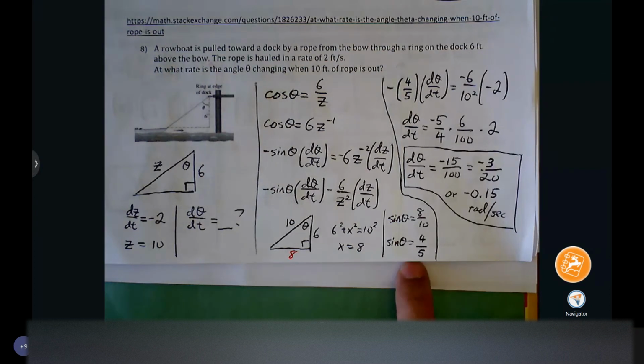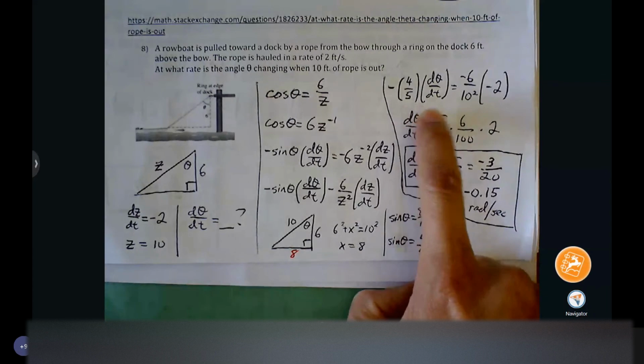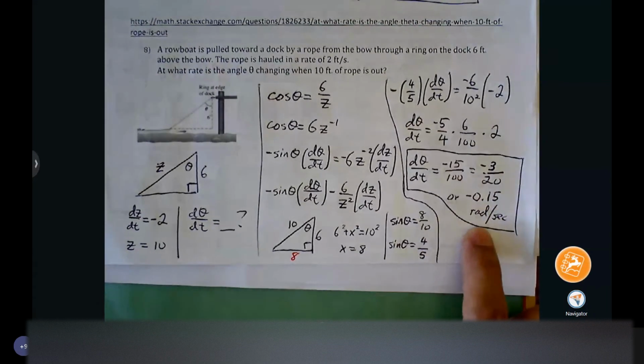Sine theta equals 8/10 or 4/5. Put that into our equation. Keep track of your negatives. Units of measure: radians per second.